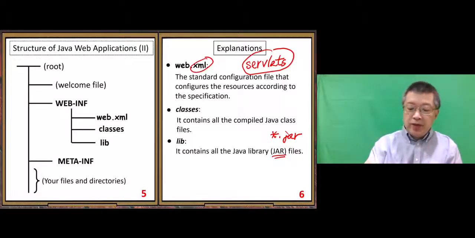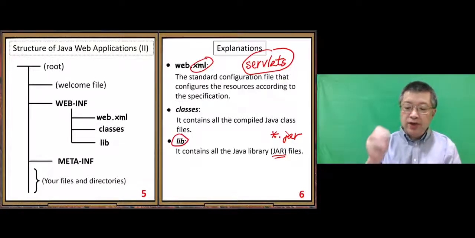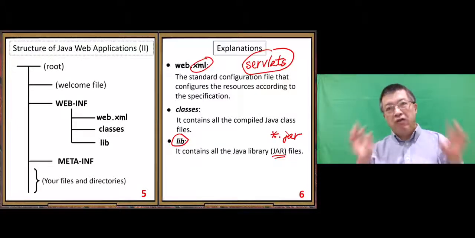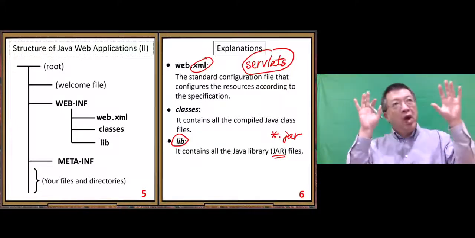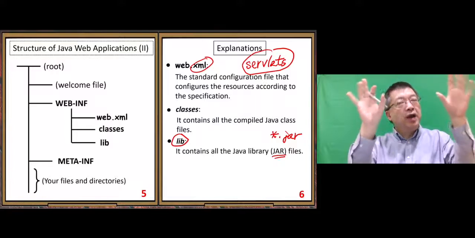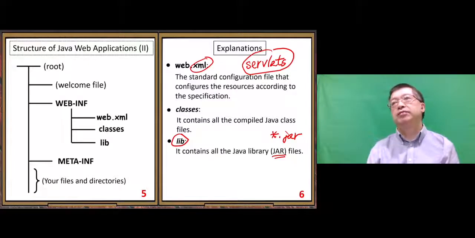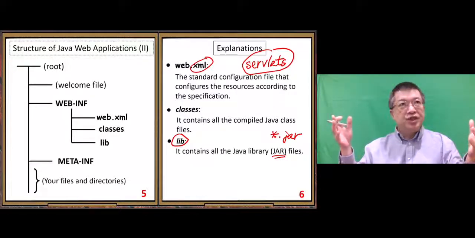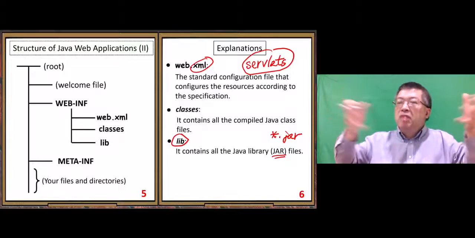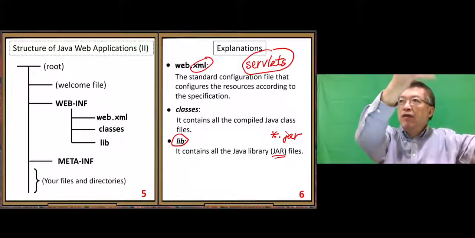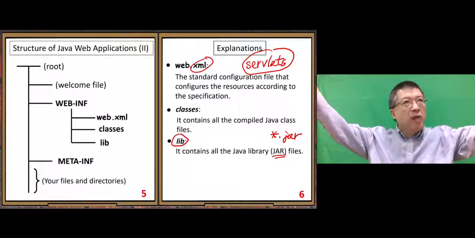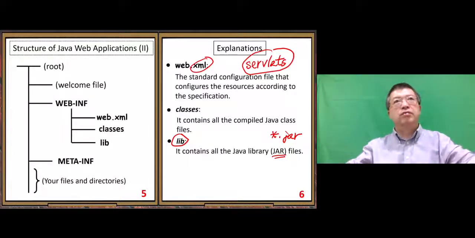Because we have this folder inside our web application, it provides convenience when we use third-party technologies. That's a very nice extension support for Java technology. When we do data processing, we may need some special programs from third-party companies.